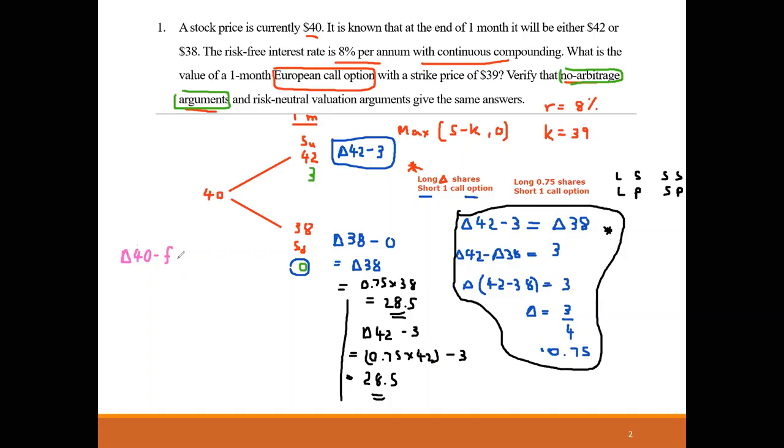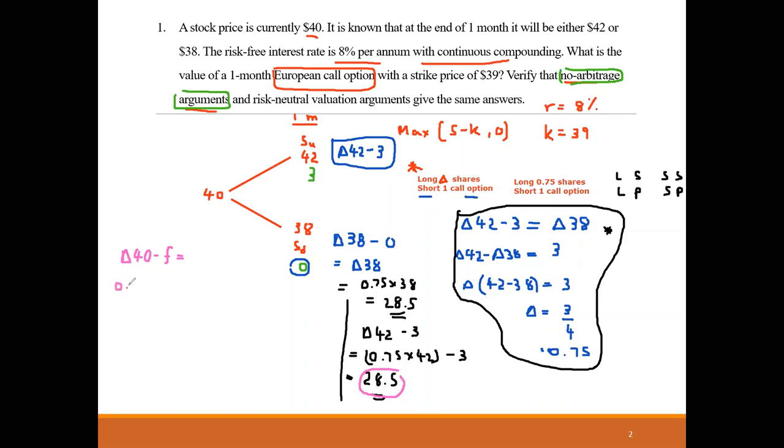So this value today should be equal to the present value of the value at maturity, because we know for a riskless portfolio, what is the return we said that you can earn? So if you want, you can simplify this, because we already know delta is 0.75.